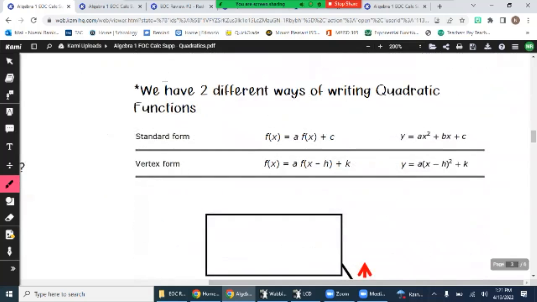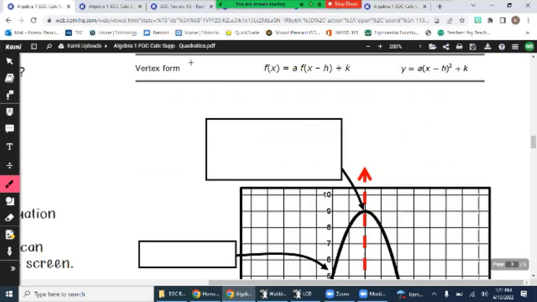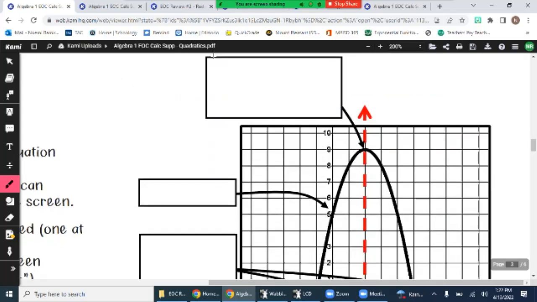So I'm not even going to get into this right now. Okay. We will see this again in packet 7, but we did practice at one point going back and forth from y equals form to f of x form, equation form to function notation form. Okay. You do need to know the parts.